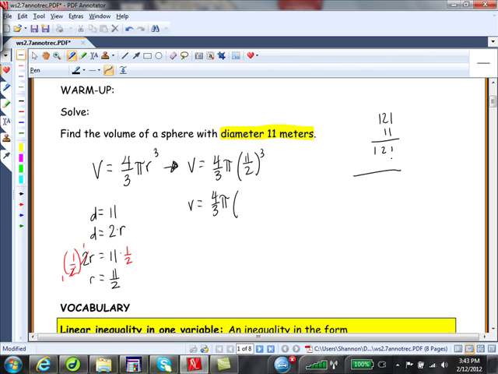We would have a 0 here, and then we would have a 1, 2, 1. So 1, 3, 3, 1. So this is going to give us a result of 1,331 over 8 once we cube the 11/2.